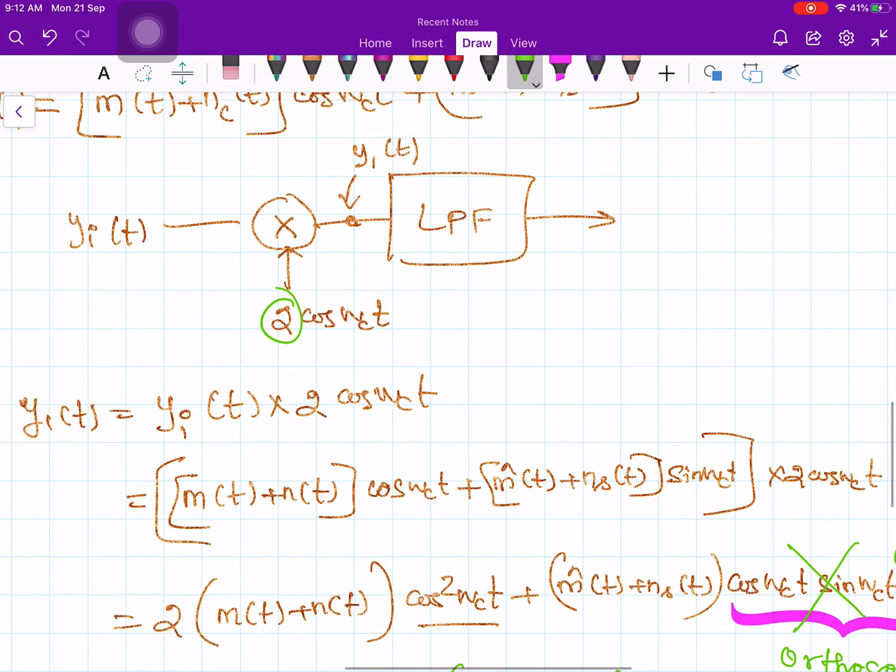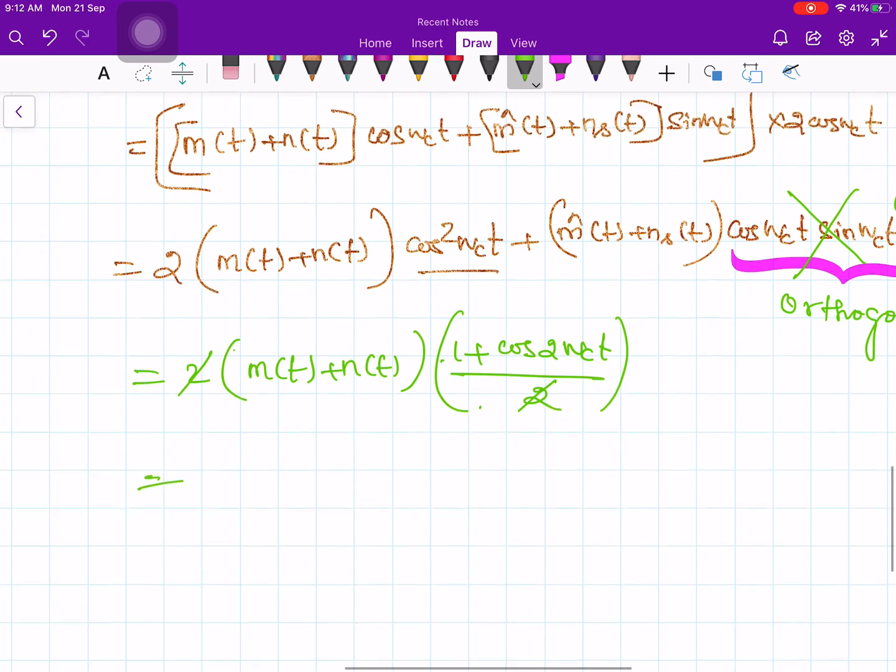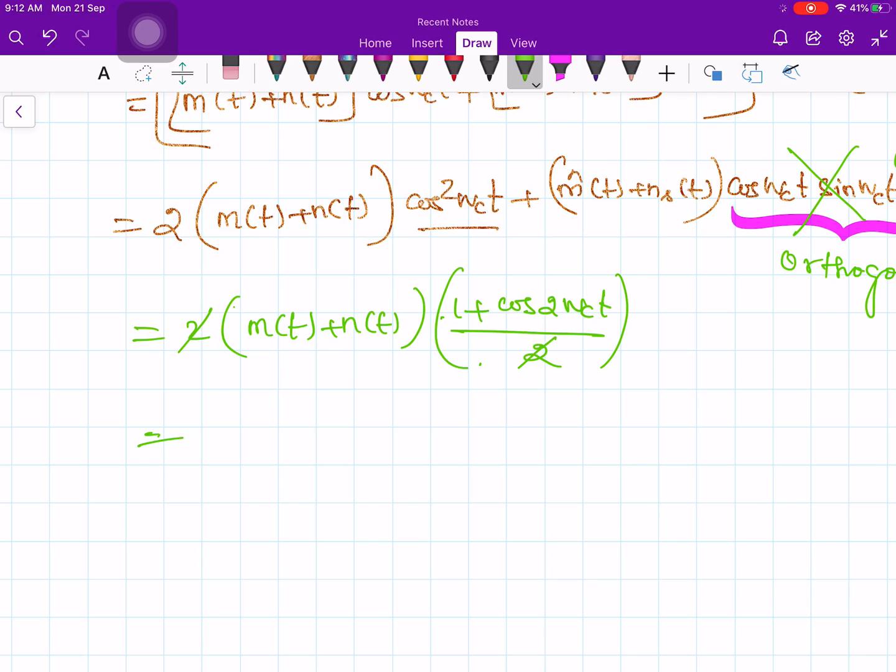Otherwise the denominator will get 1 by 2. You multiply inside, m of t plus n of t plus m of t plus n of t multiplied by cos 2 omega ct. Okay, this is passed through the low pass filter.